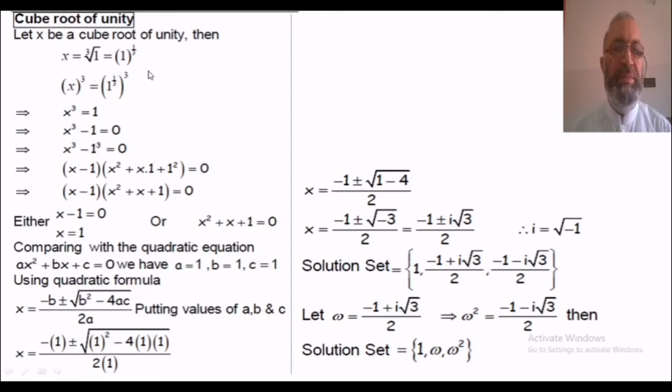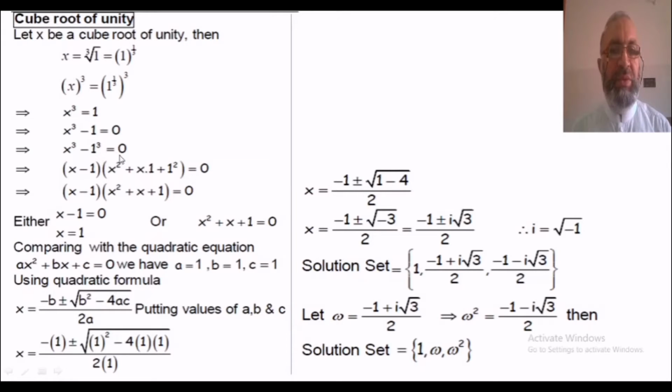the 3 cancels with the 3, so x cube is equal to 1. Transferring 1 to the left hand side, we get x cube minus 1 equal to 0, or we can write this as x cube minus 1 cube equal to 0.